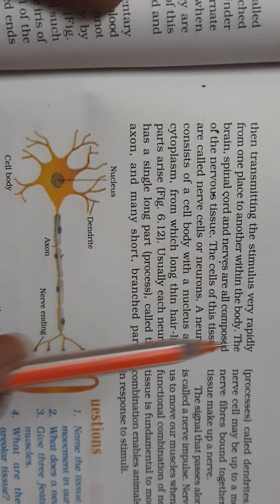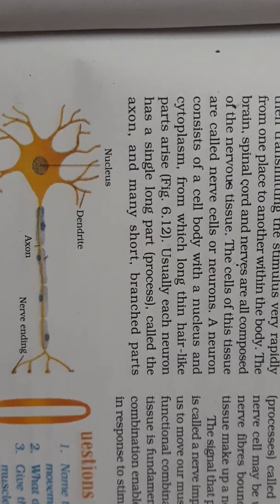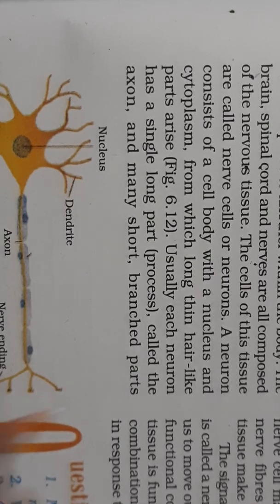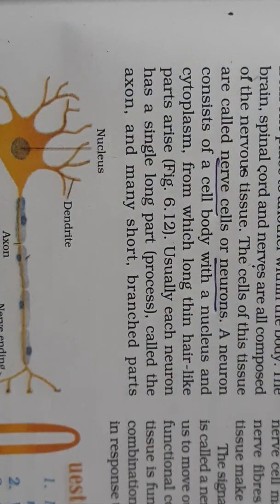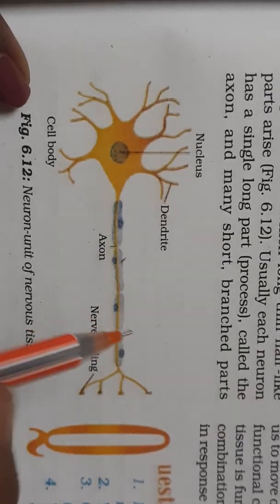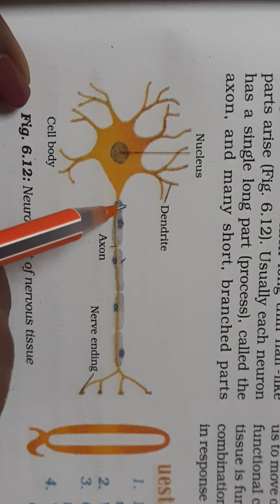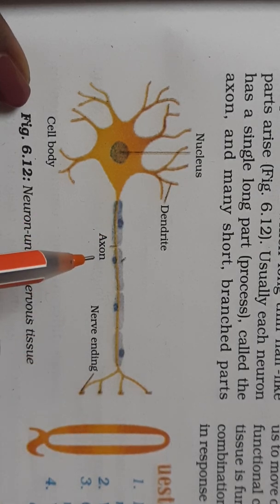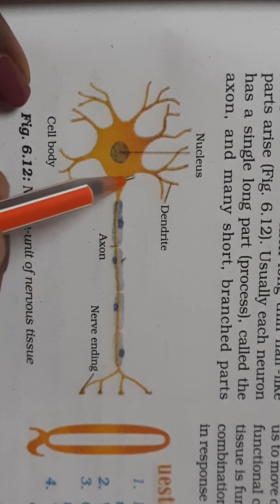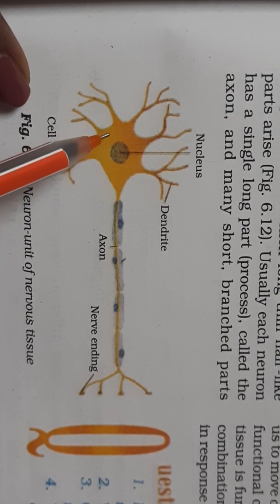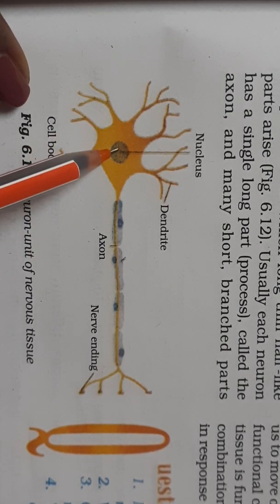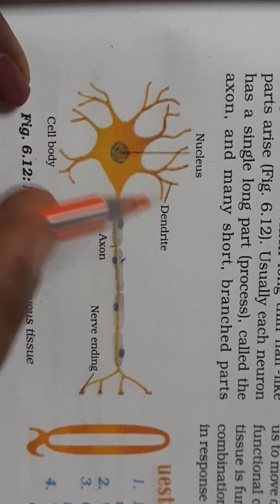The cells which are present in the nervous tissue, they are called the nerve cells or the neurons. A neuron, as you can see here in the figure, consists of a cell body. This whole is the cell body, and inside it consists of a nucleus, and there is cytoplasm.